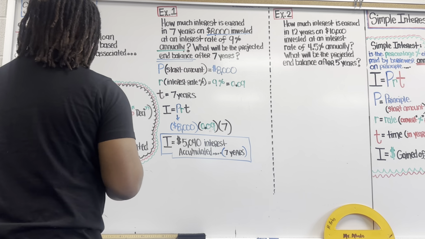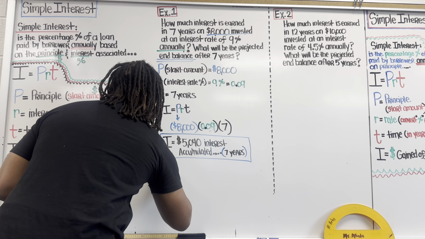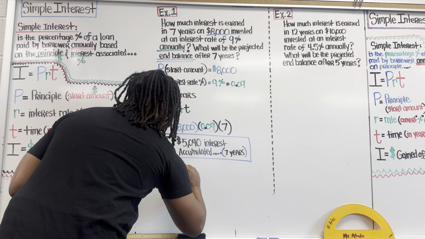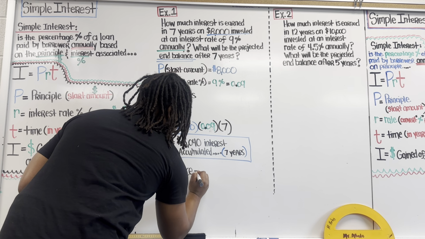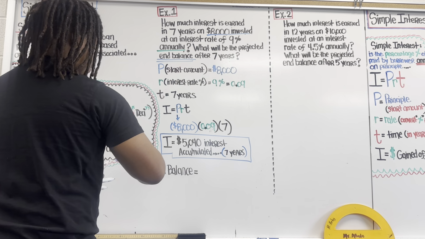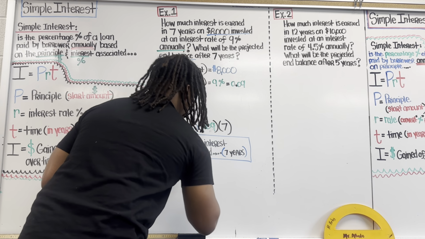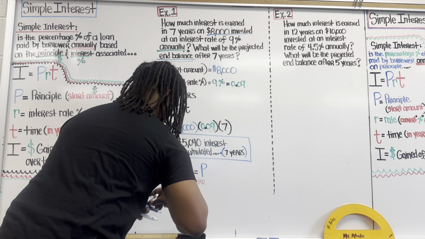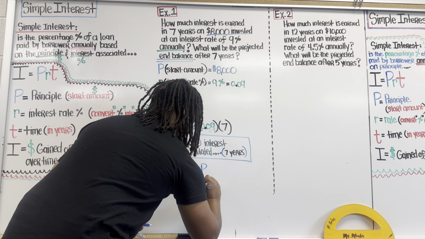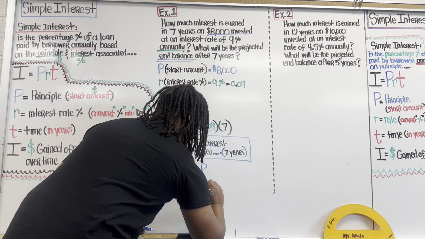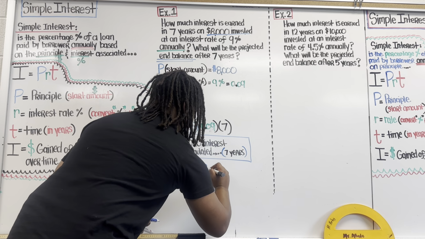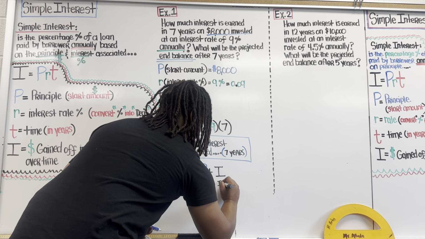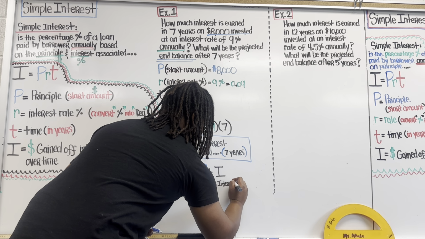So let's go ahead and put that. The end balance equals the principal, the start amount, plus I, which is the interest accumulated.